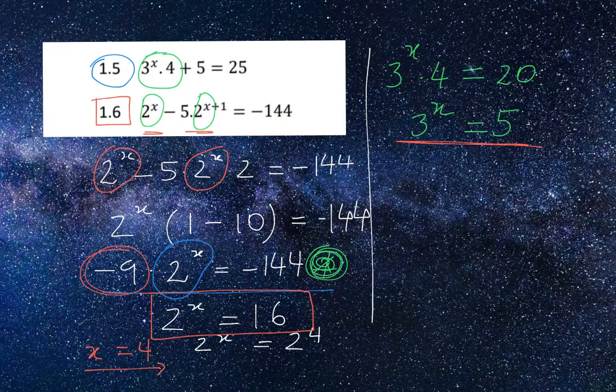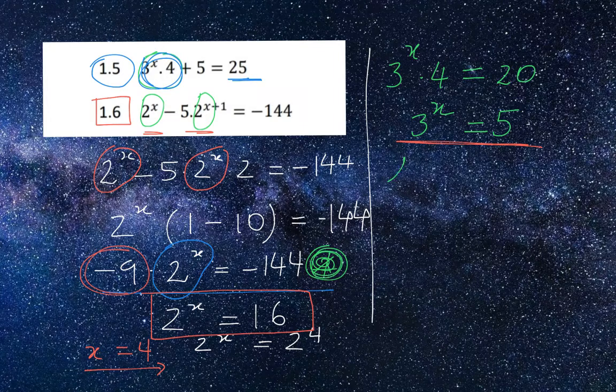Okay, I hope that you quite easily see that there is no problem, because we actually can log both sides. Okay, so you must remember that if you have one term on one side of your equation and one term on the other, and you cannot make the same base, we will need to log both sides.